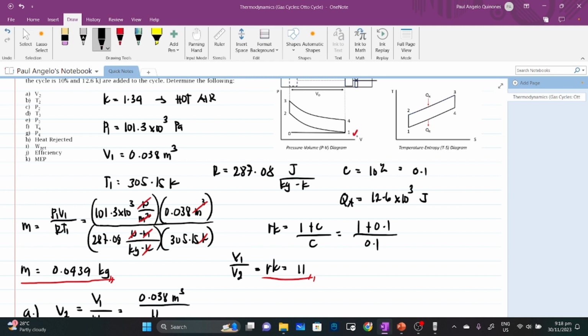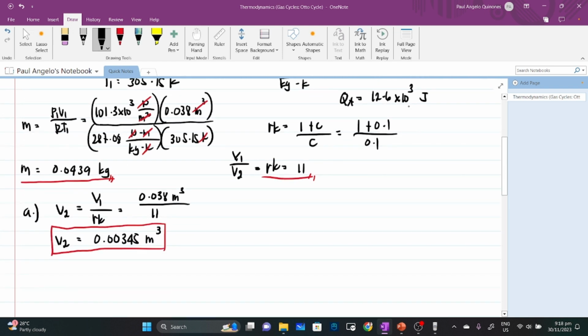From point 1, we need to relate point 1 with point 2. As we mentioned, this is an isentropic process, so we need to use the isentropic relation in solving for T sub 2. That is T sub 2 over T sub 1 equals V1 over V2 raised to k minus 1.